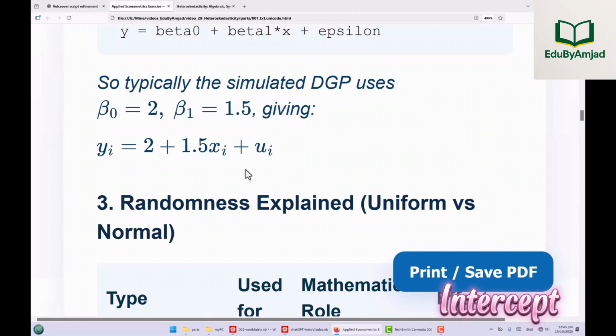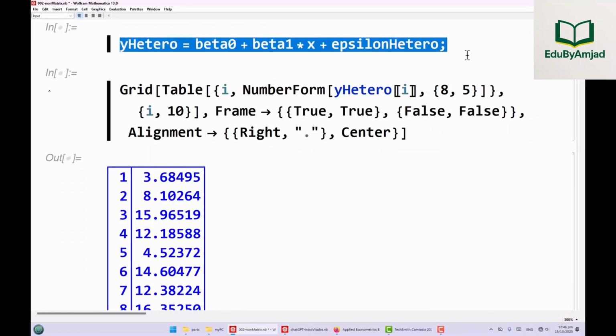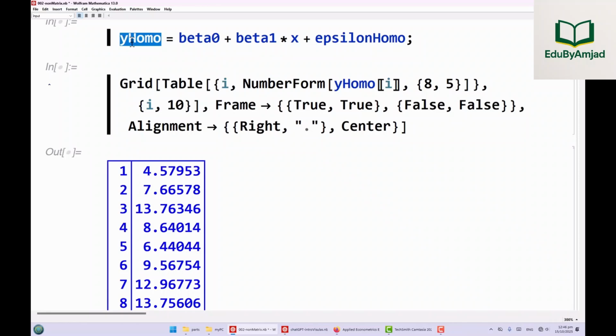By setting the intercept, beta 0, to 2, and the slope, beta 1, to 1.5, we generate two dependent variables, y hetero and y homo.